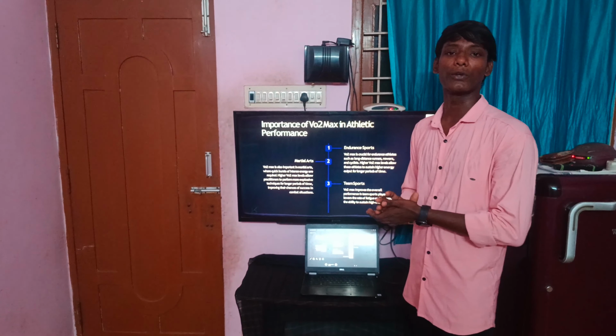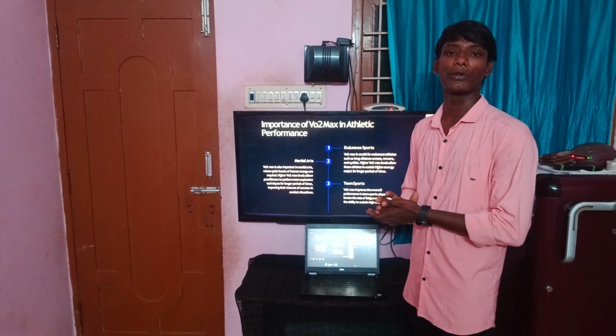In a field test, we use challenging running and walking distances to increase the VO2 max level. When we see the laboratory test, it gives a very accurate VO2 max of our body, more than the field test or the estimated test.